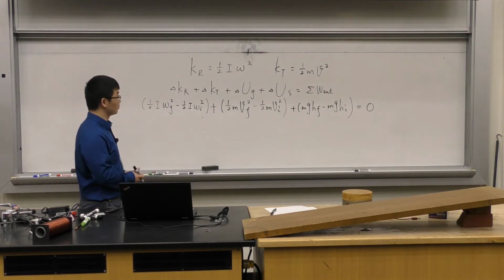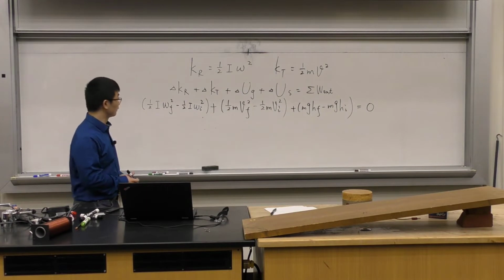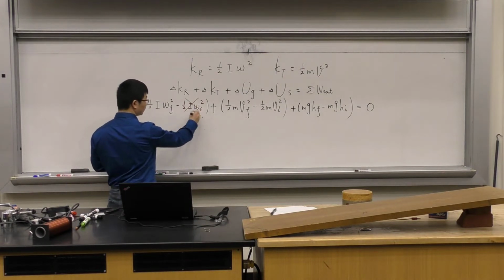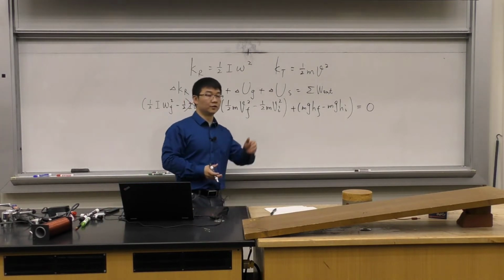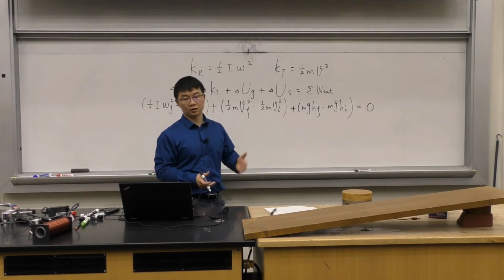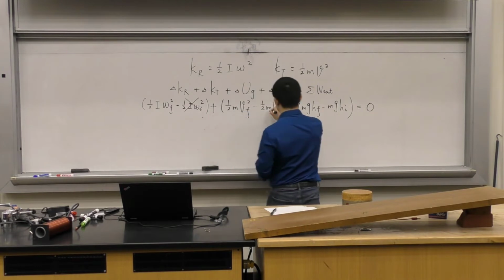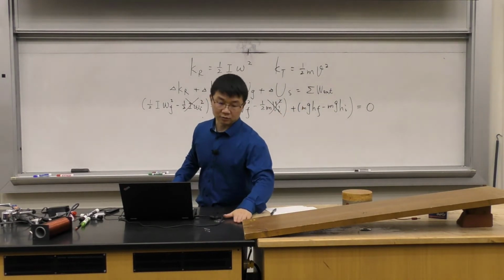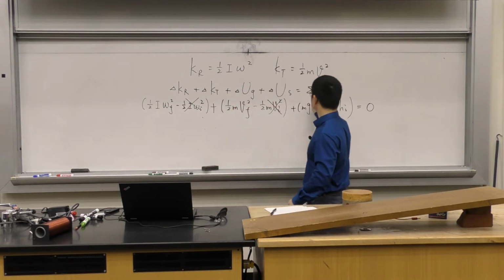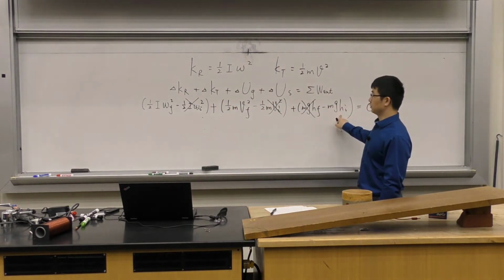A lot of symbols, but let's see if we have any zeros. This one is 0, the initial, because they are released. At the very beginning, they're not moving, they're not rotating. And for these two heights, I can call the final height 0, because that's already the end of the ramp. And the initial height is just going to be the h in the problem.